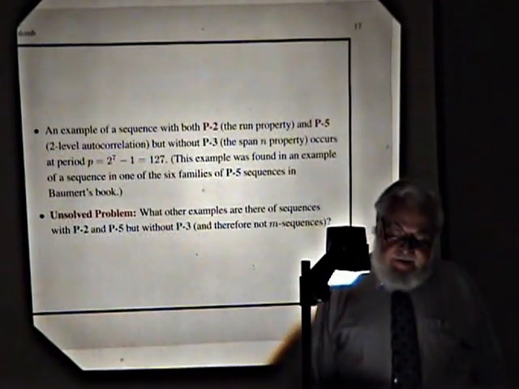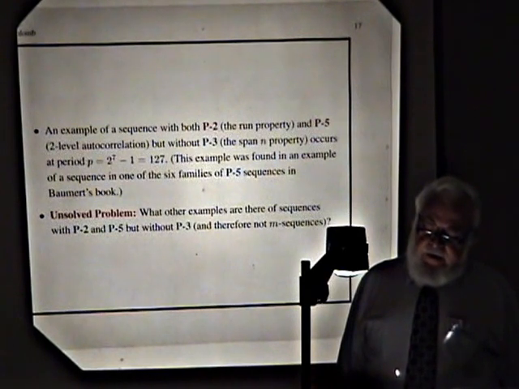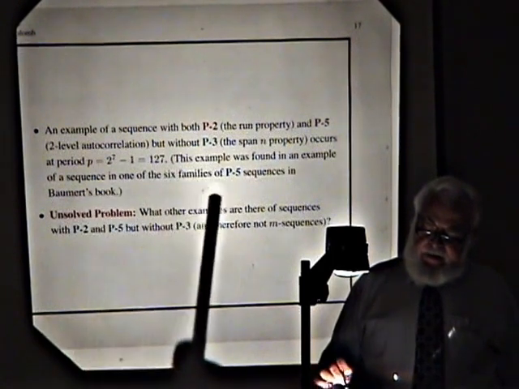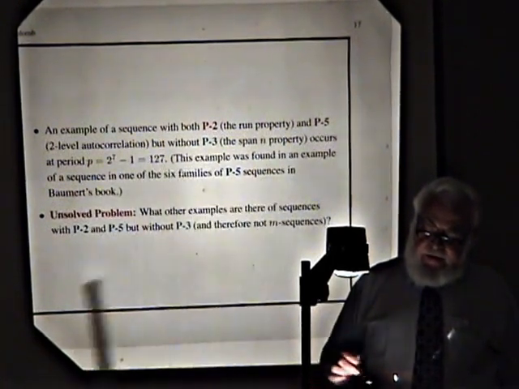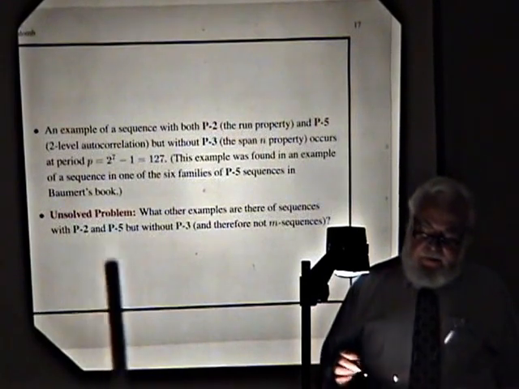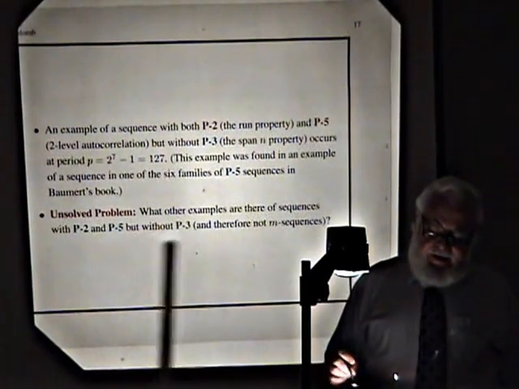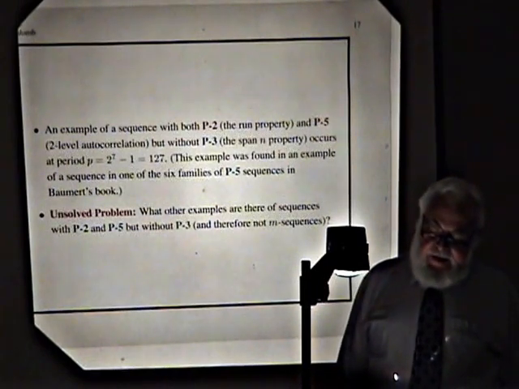And this example was found to occur in one of the 6 families of period 127 identified in Baumert's book. Hal Fredricksen, who was here, helped in the compilation of the tables for that book.